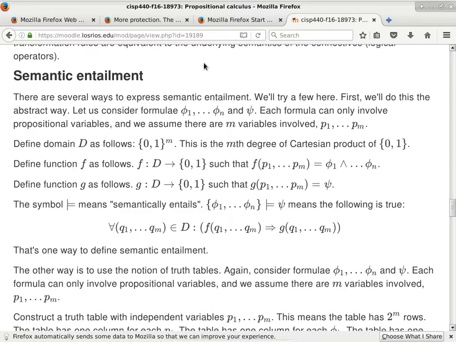And then the domain spans over all the possible combinations of values of all the variables. That's what D is. Once we have D as a domain, then we can define the two functions. F is a conjunction of all of the phi's, and then G is nothing more than just psi all by itself. So these are just definitions. We haven't really worked on anything other than just definitions at this point.